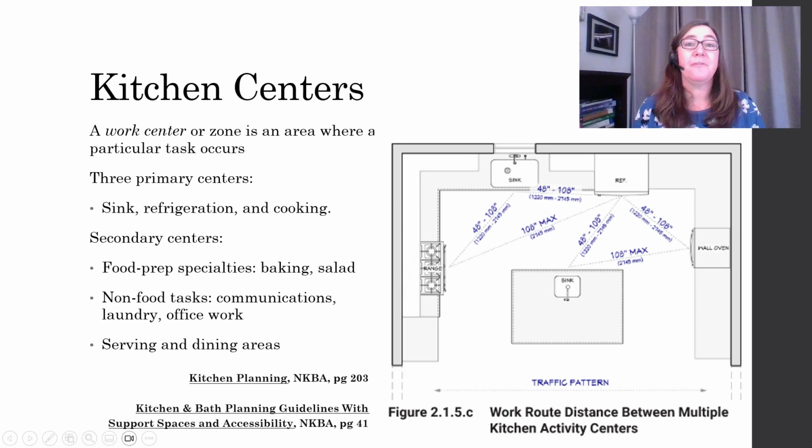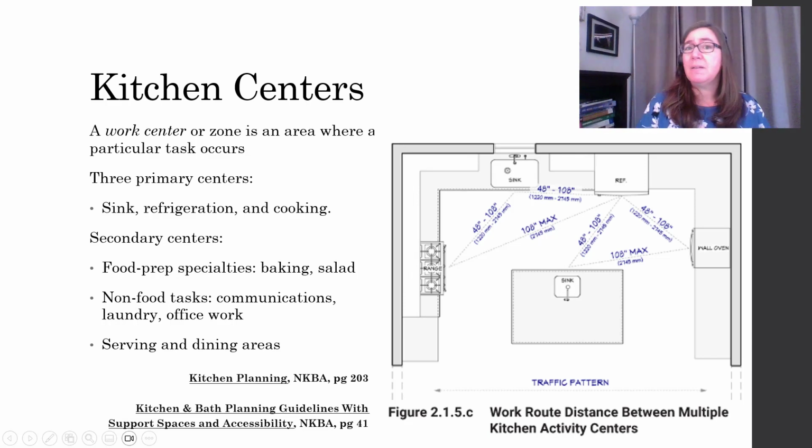By now, you're probably familiar with the idea of kitchen centers. Each one of these work centers is just an area where a particular task occurs. There's three primary centers: the sink center, refrigeration center, and the cooking center. But there's many different secondary centers.